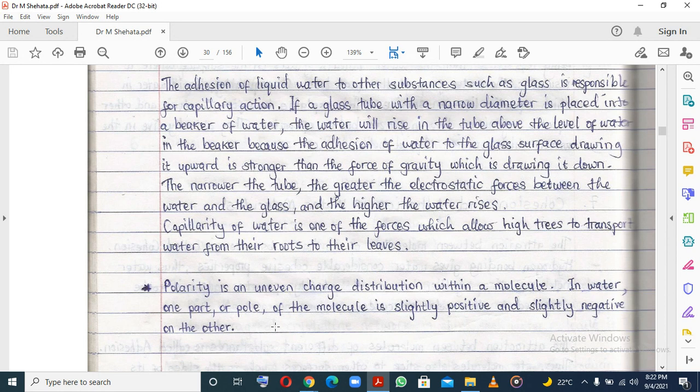Okay, tomorrow. So the adhesion of liquid water to other substances such as glass is responsible for capillary action. So we are done talking about cohesion, right, and how it causes surface tension. Before we proceed, is there a question on cohesion of water and how it results in surface tension?